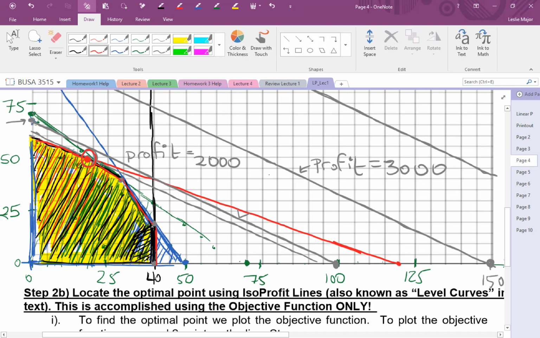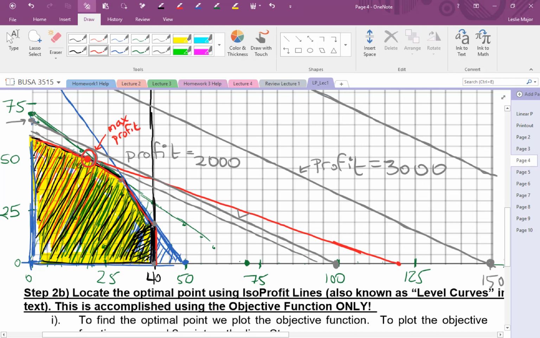Again, we don't want to drop the profit down too much. Our goal is to have the maximum profit but still be within the area of feasibility. So as we drop down, down, down, the very first point we hit on the area of feasibility is right there. And so graphically we have solved for our maximum point.